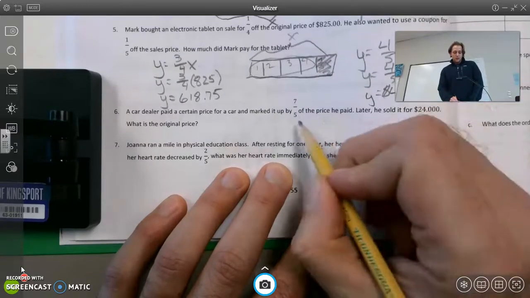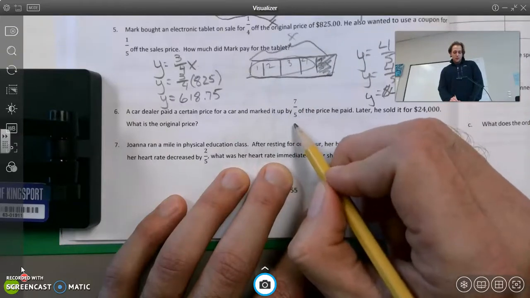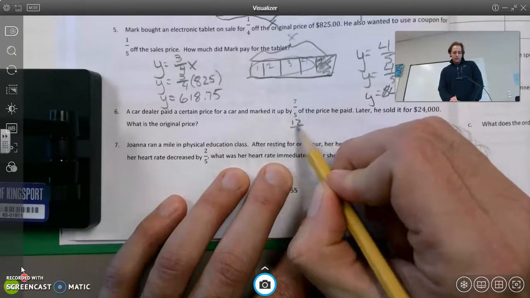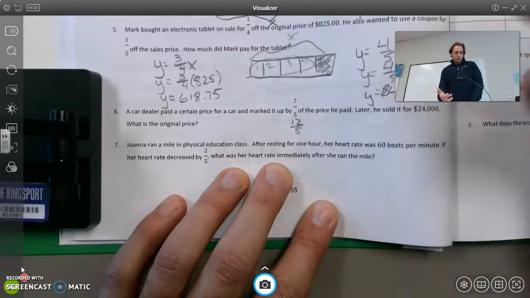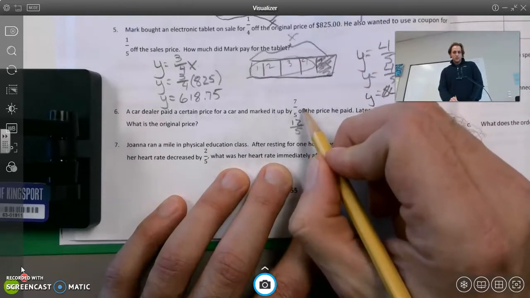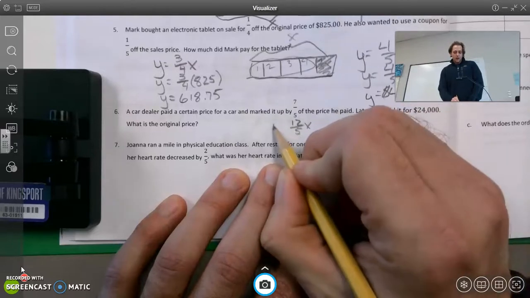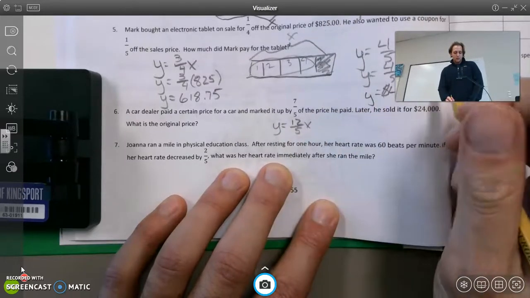So that would mean that his new price is 12/5 of his original price, right? Like the original price is just 1, plus 7/5 of that original price. So that's a total of 12/5 of the original price.